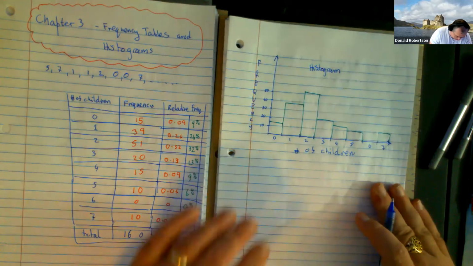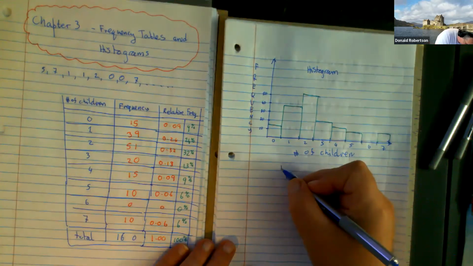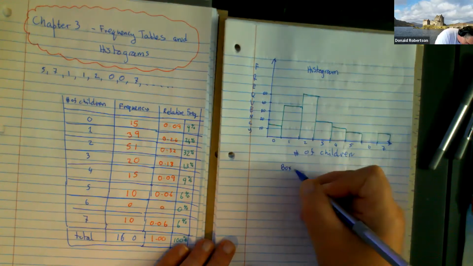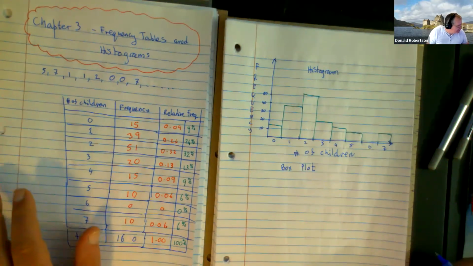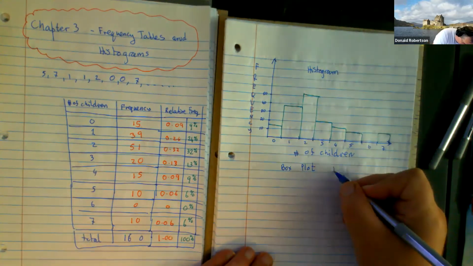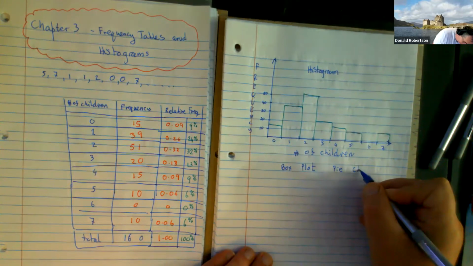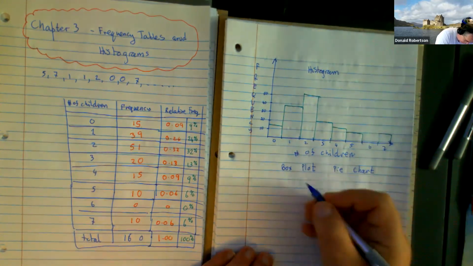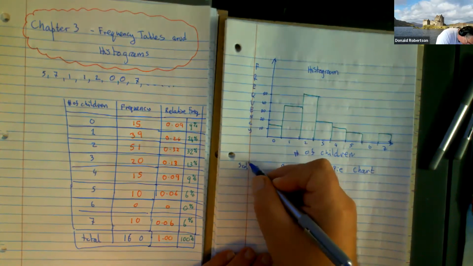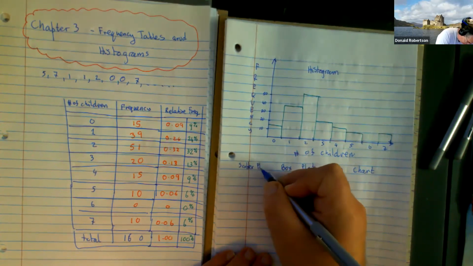Well, we can have other things. There's a guy called a box plot. There's a guy called a pie chart. And sometimes you use a scatter plot.